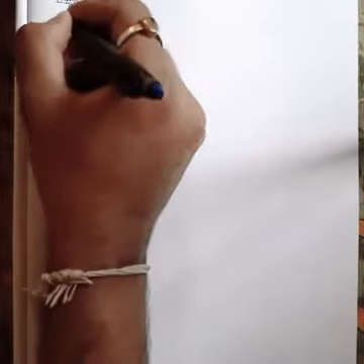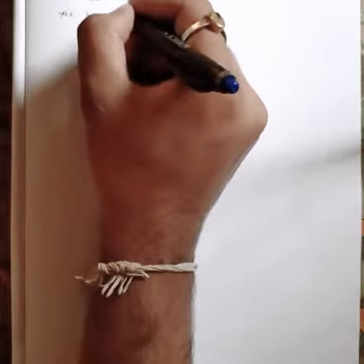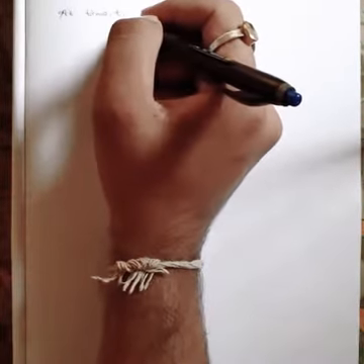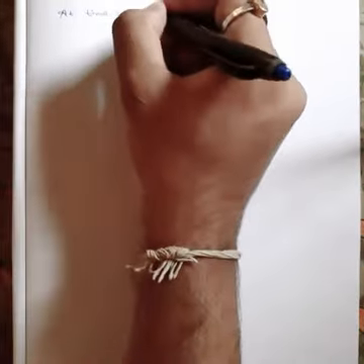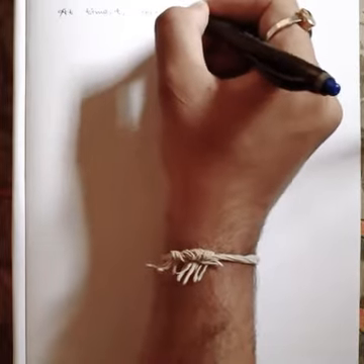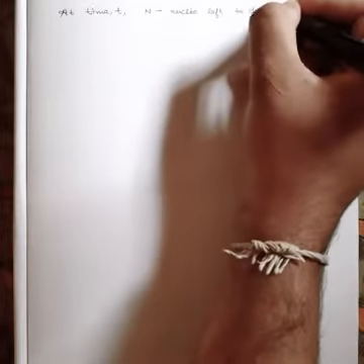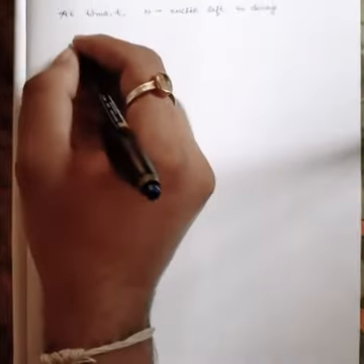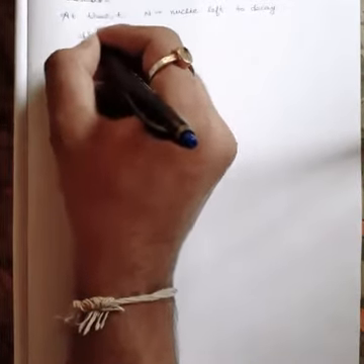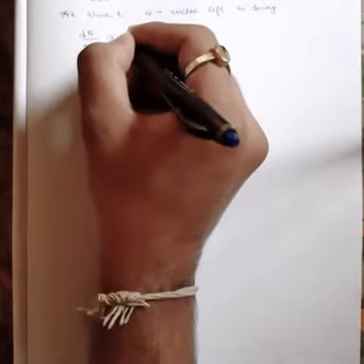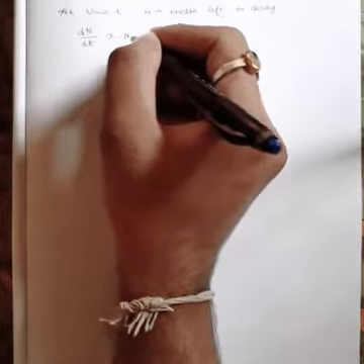At any given time t, N is the number of nuclei left to decay. So the decay law says that the rate of decay is directly proportional to the number of radioactive nuclei left.